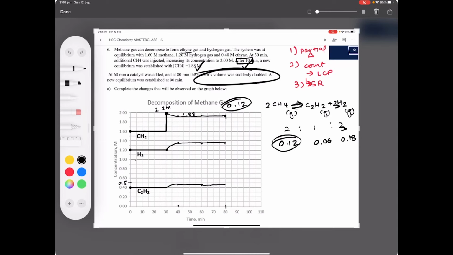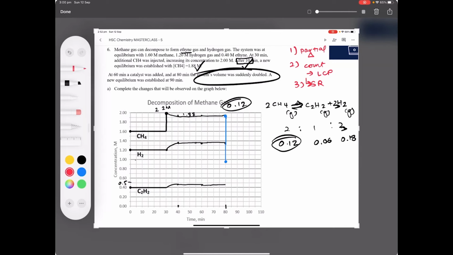I'm going to use different colors so I don't confuse us all. So we're going to use CH4 in a blue color. So that decreases to, is it 0.945? No, sorry, it should be 0.94. That's it, right? Good. So we'll go all the way down to 0.94. So about there, maybe.